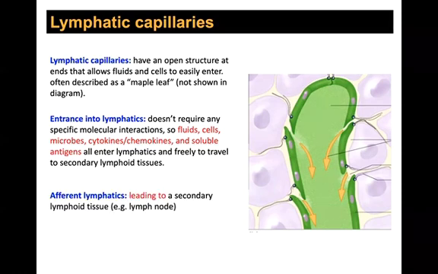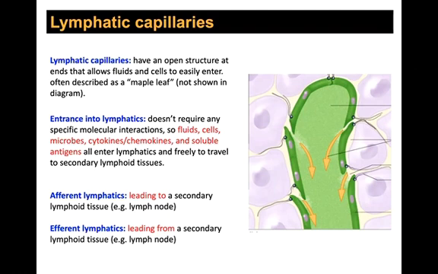Now there's two terms that students often get confused on. It's sort of like, do you effect or affect, right? So afferent lymphatics are leading to a secondary lymphoid tissue. So if it's in your big toe and it goes to your popliteal lymph node behind your knee, that's coming into the lymph node by the afferent lymphatics.